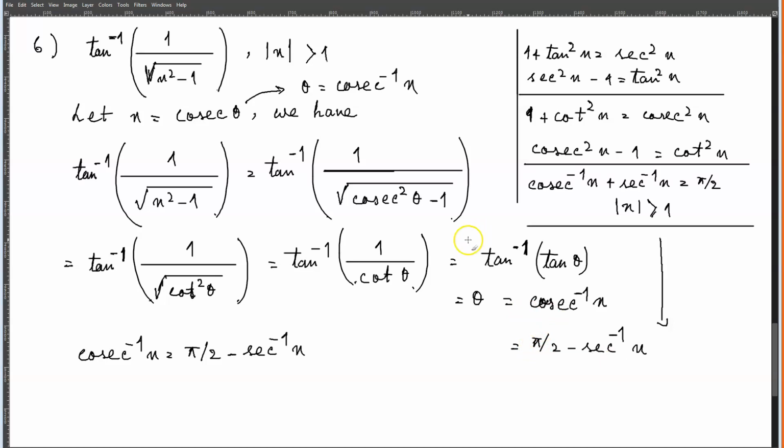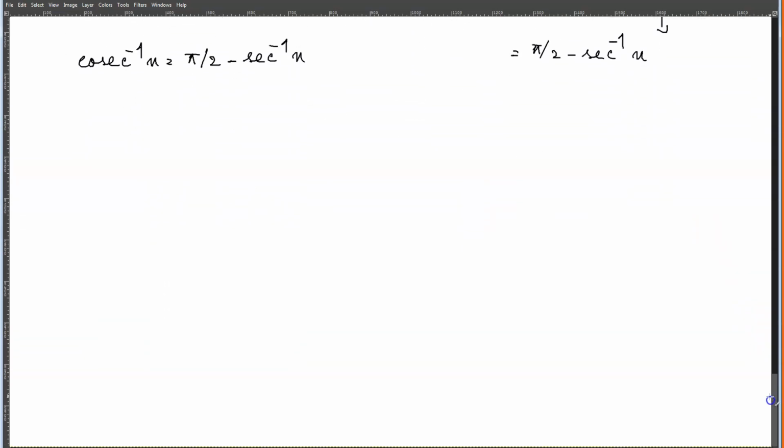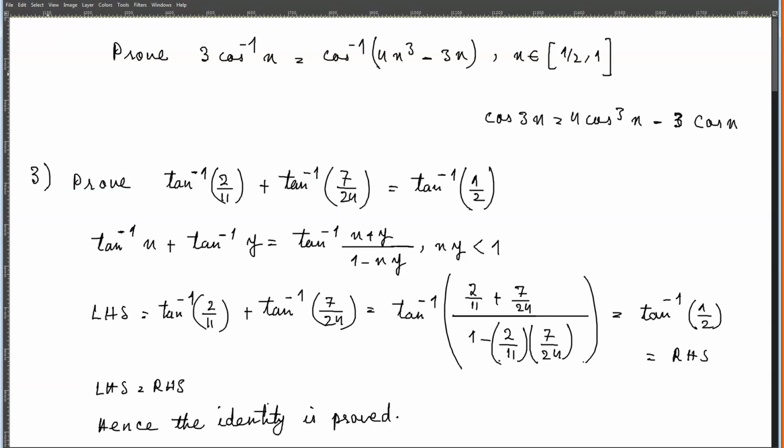The next question that we have is question number 7, which is again to write in the simplest form tan inverse of the square root of 1 minus cos x over 1 plus cos x, where 0 is less than x less than pi.